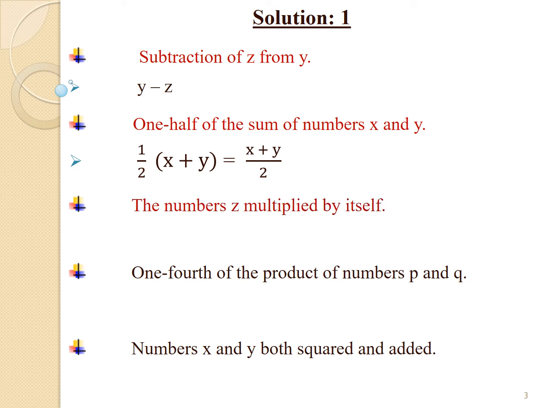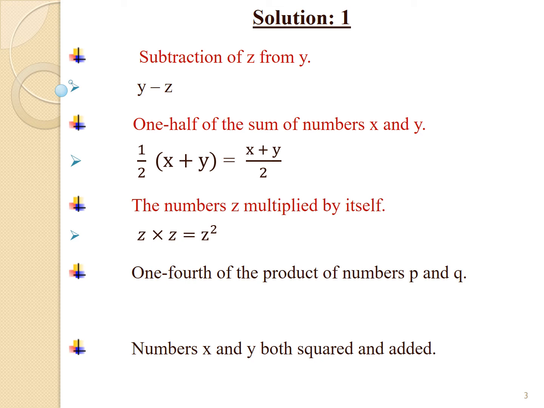Students, in this statement, we have to multiply variable z by z. Thus, multiplying z by z, we get z into z or z square. Thus, the expression for the given statement is z square.